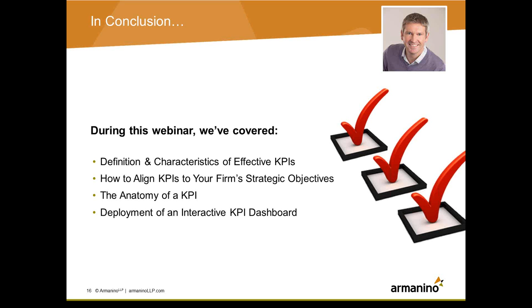Help you understand how you might align some of these KPIs with your firm's strategic objectives, and by giving you an insight into the anatomy of a KPI, walk you through some of the considerations that you might need to look at when we're building this together, and then give you an example of what it might look like once we've gone through that process together, and how might our team and our organization use that on a daily basis.